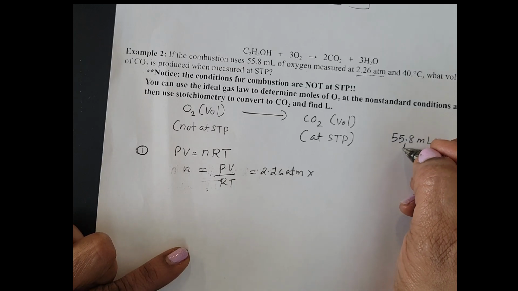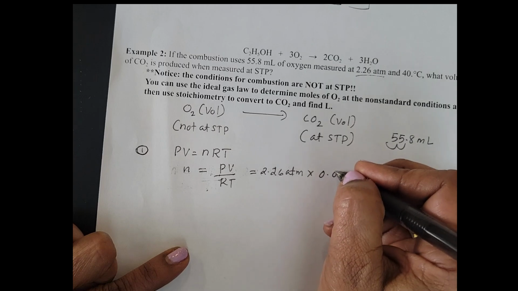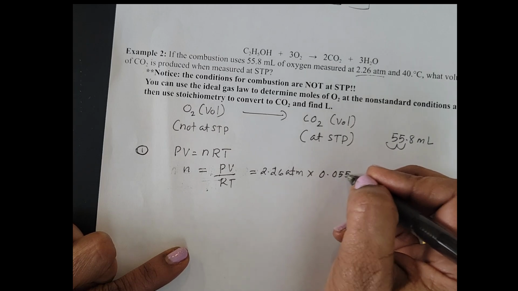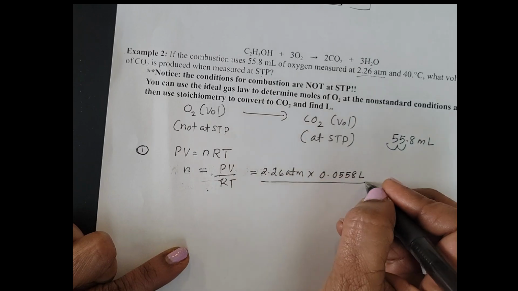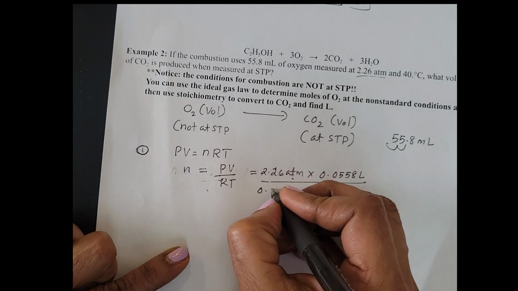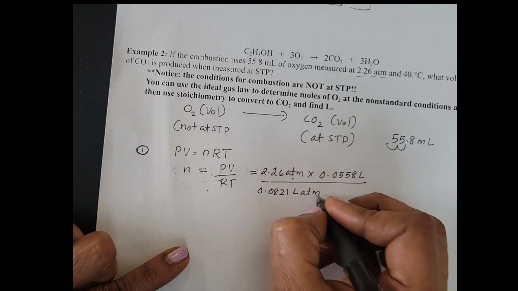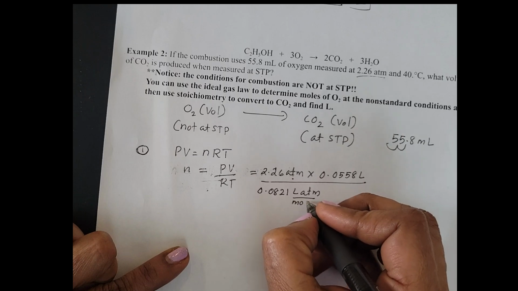So you are going to convert this into liters, which is 0.0558 liters, divided by, since pressure is in atm, you are going to use 0.821 liter atm per mole Kelvin.